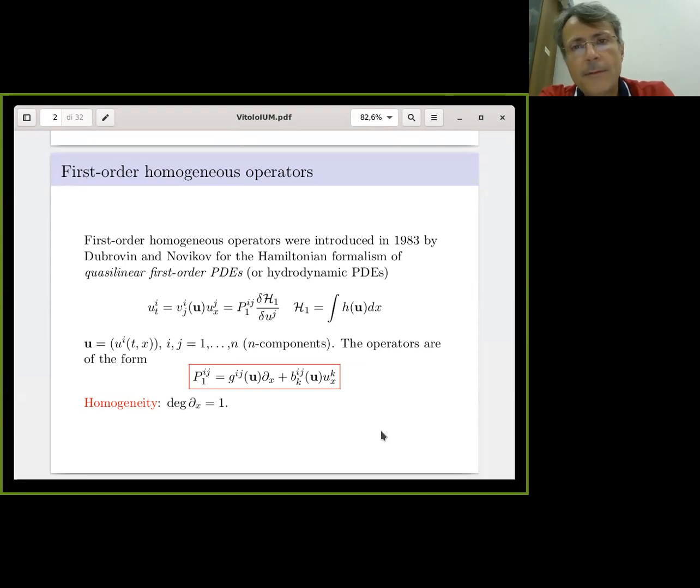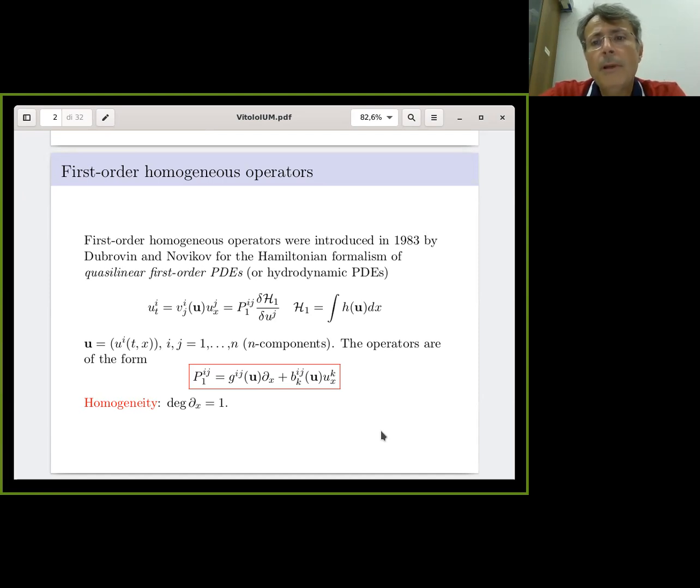Well, they started from examples coming from hydrodynamics, and indeed, in such examples, you have quasi-linear systems of first-order PDEs, and it can be seen that such systems, in many simple cases, can be put in Hamiltonian form. Indeed, they started from multidimensional cases, I mean more than one space dimension.